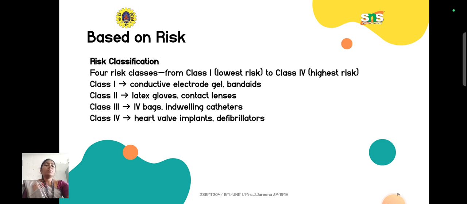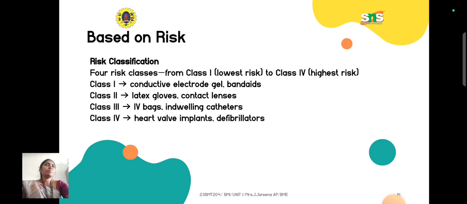So how is this risk determined, quantified? If you are putting any device on the body and all of a sudden the device goes wrong or has some kind of malfunction, in what way is it giving risk to the patient? That is the matter here. If the malfunction or abnormality of the device has a direct impact on the patient, then it has high risk.